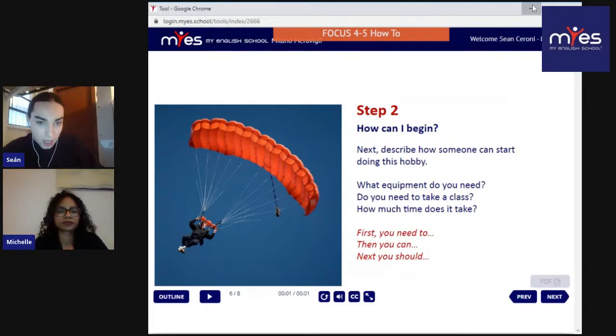So, what equipment do you need? You need quite a few things to paint. You need paint, most significantly. You need paint brushes to apply the paint. You need paper or a canvas if you're feeling very professional. Canvas is that tough material that professional artists use.